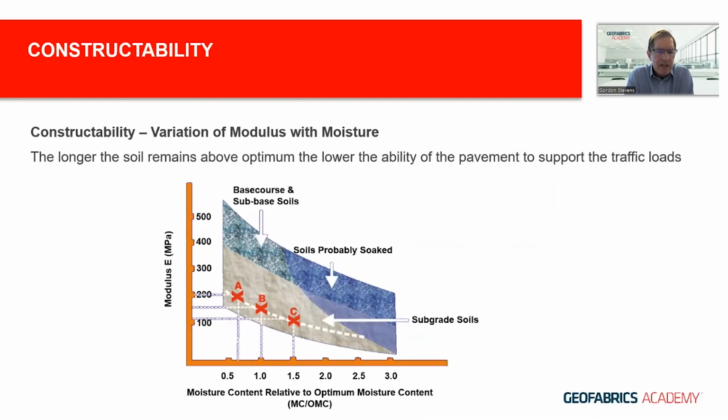That impact on the modulus is quite dramatic, and anyone who's designed pavements would appreciate what that effect will have in increasing the damage to the pavement and increasing your deformations or vertical strains on your subgrade.